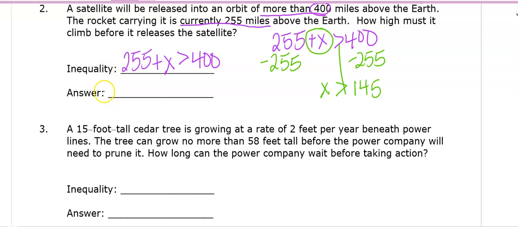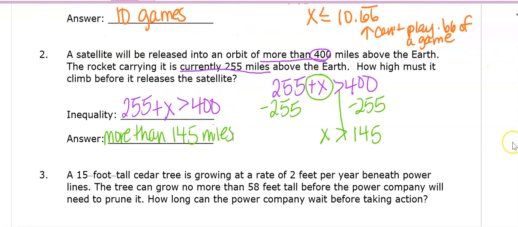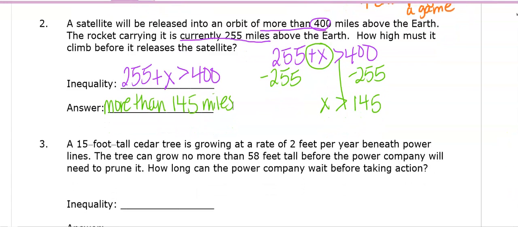So it has to go more than 145 miles. It has to go over or more than 145 miles. And I think on the first one, I forgot to write, she can play, oh, no, I did 10 games, making sure. Checking my work.